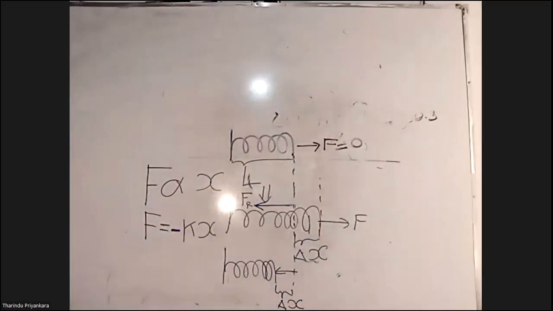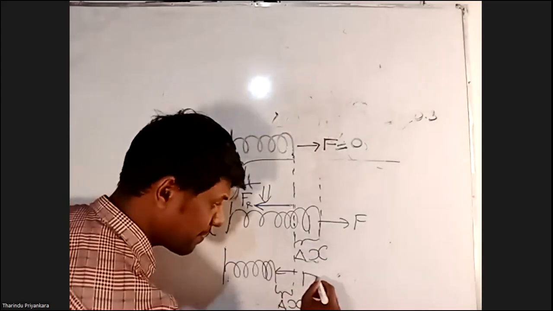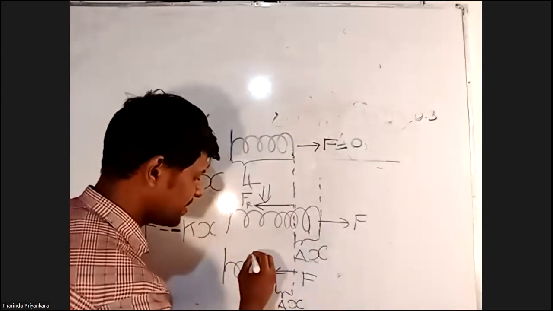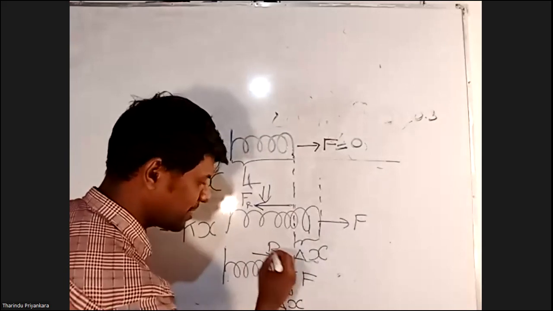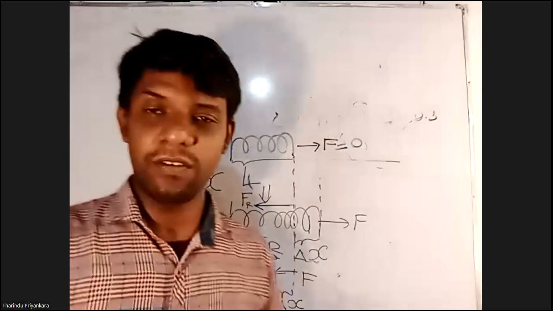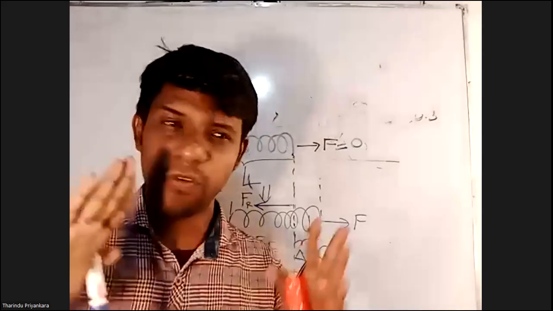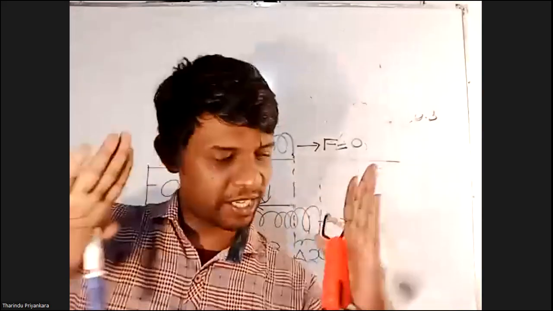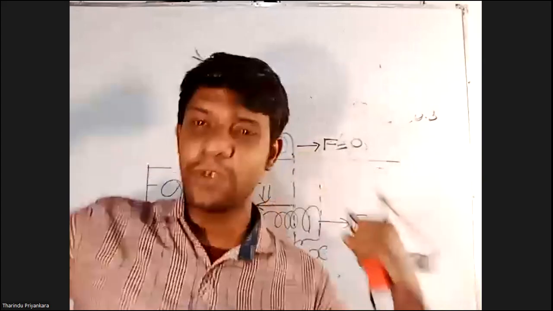In this case, this is the applying force, the external force. This is the restoring force in the opposite direction, Fr. It is always opposite to what we are doing on the spring. Whether we are compressing, the spring tries to pull it apart.